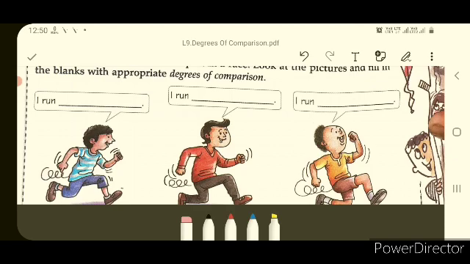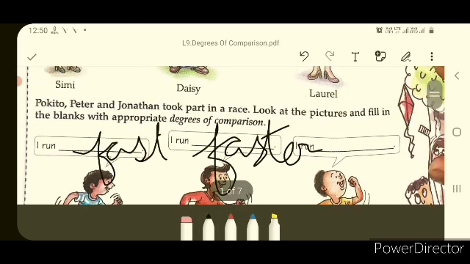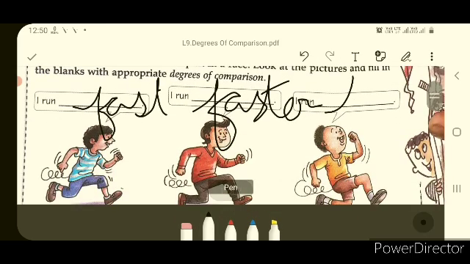So I run fast. And then I run faster. The third one will be I run the fastest. You must have learned this in lower classes also.